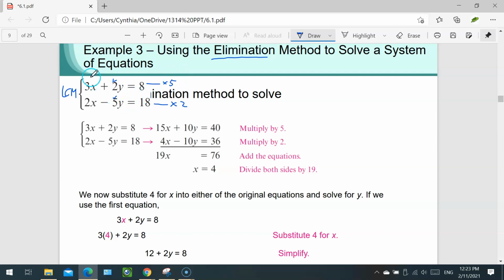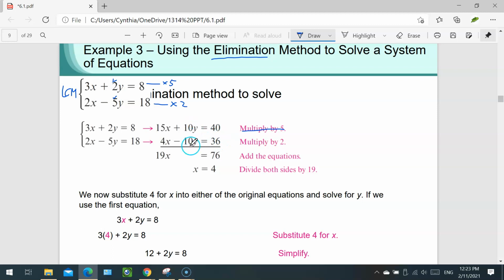So the entire equation you multiply with 5. So we rewrite it. It will turn to 15x plus 10y equal 40. We multiply by 5. Multiply by 2 into the second equation, you will get 4x minus 10y equal 36.